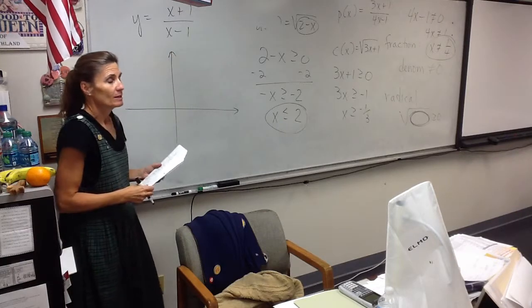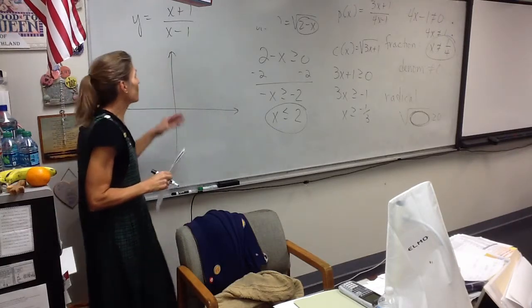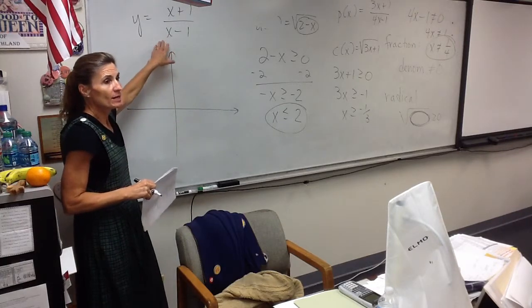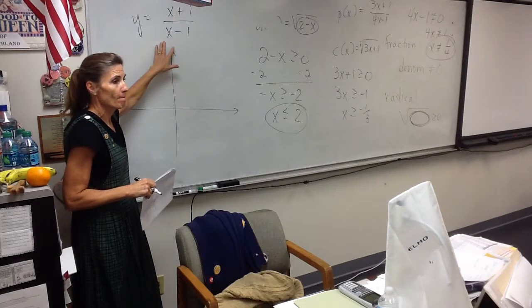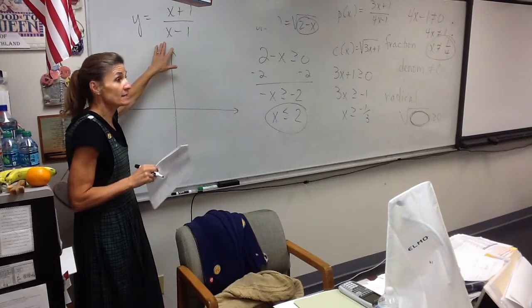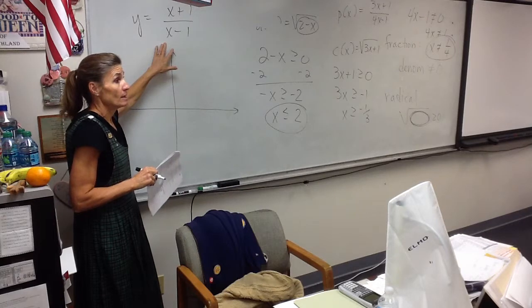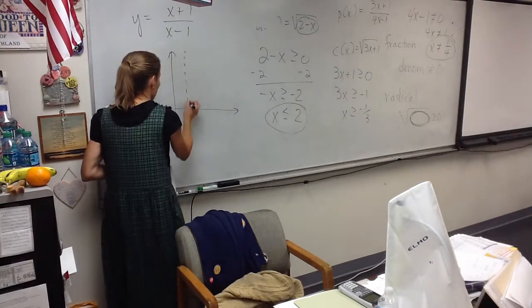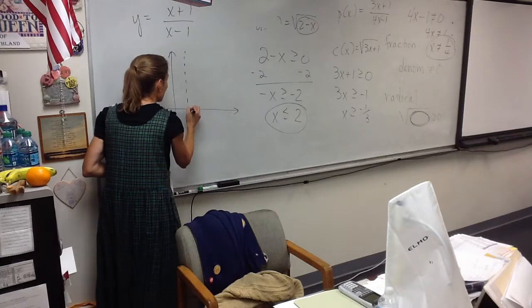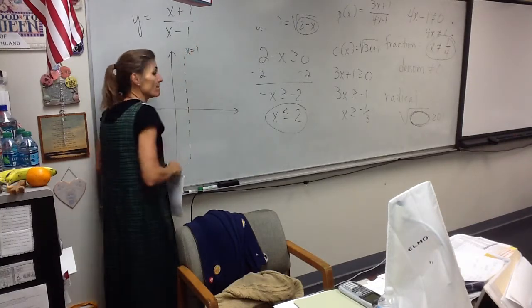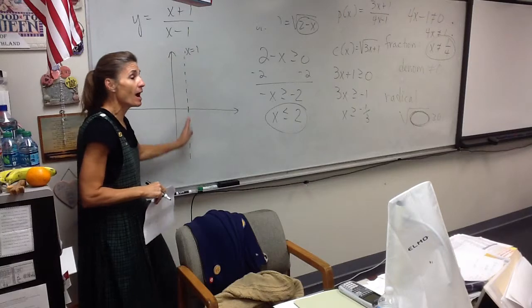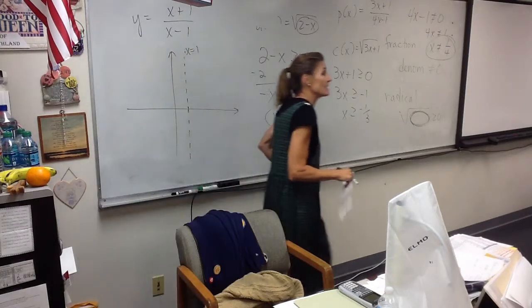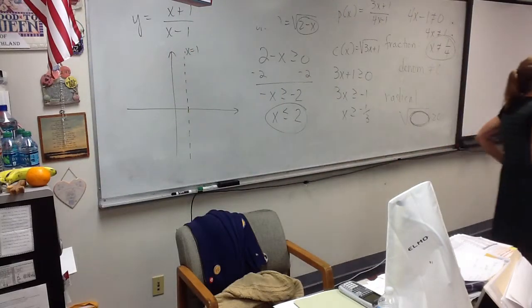Now, tell me about the domain of this problem right here. x can't equal 1. That, boys and girls, is your vertical asymptote. So where x equals 1, you draw a vertical line and say my asymptote is at x equals 1.